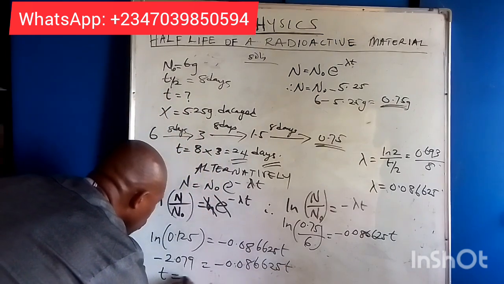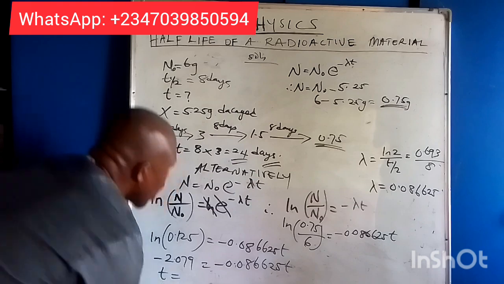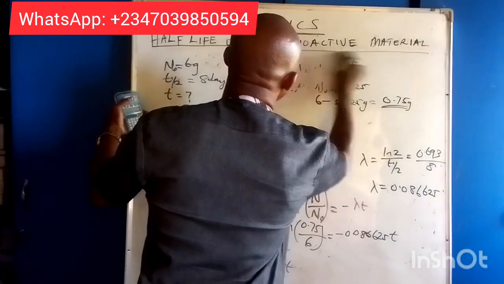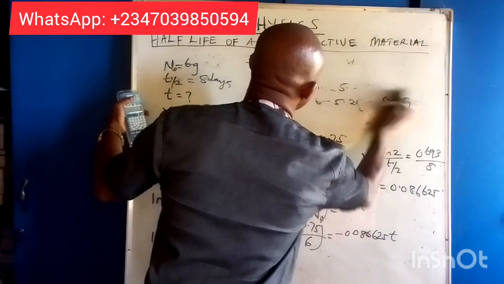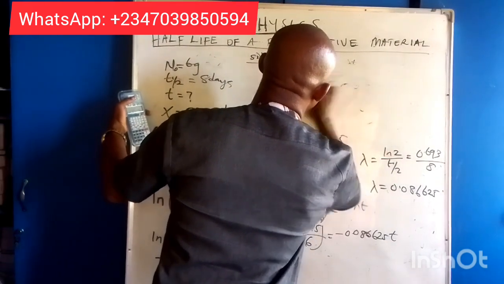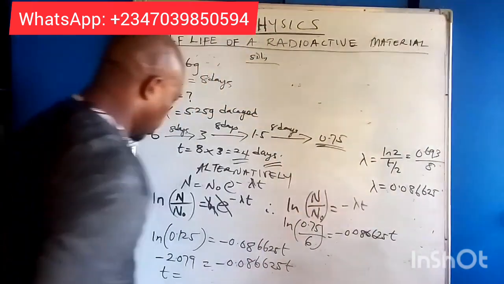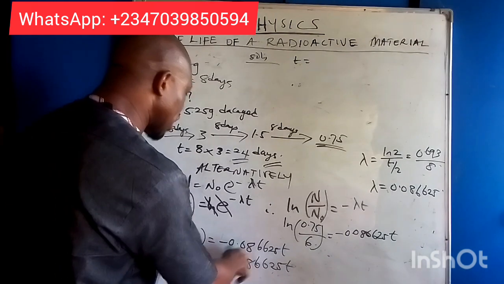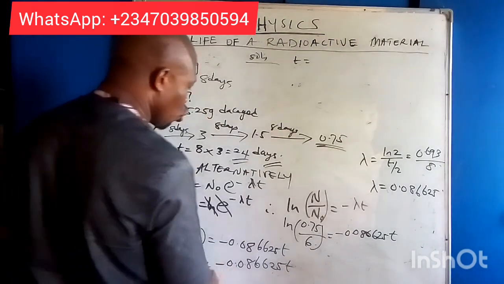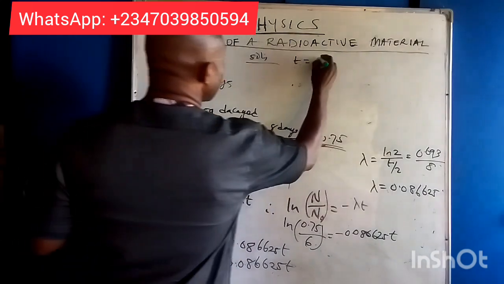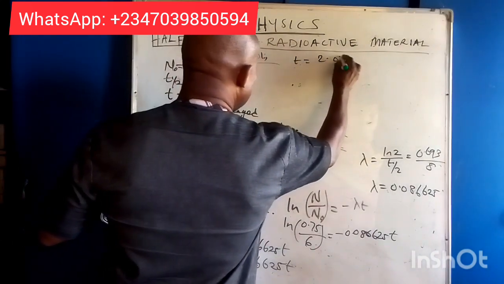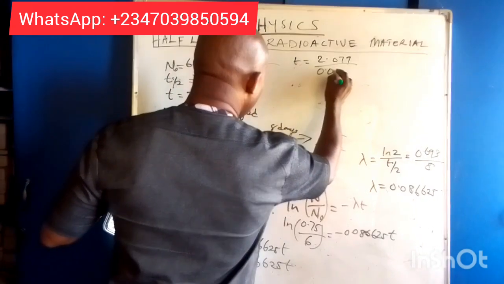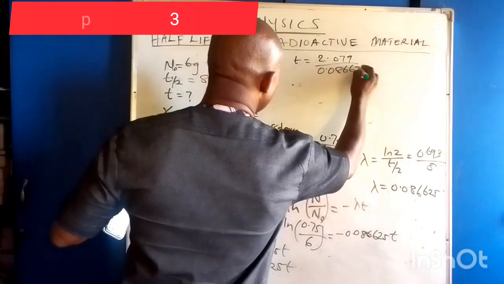T will give us, I'll write it on top, I'll clean here. Of course this minus will take care of, if you divide, that minus will go. We'll now have 2.079 all over 0.086625.